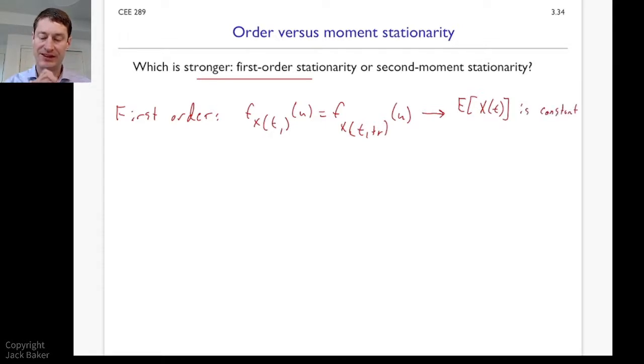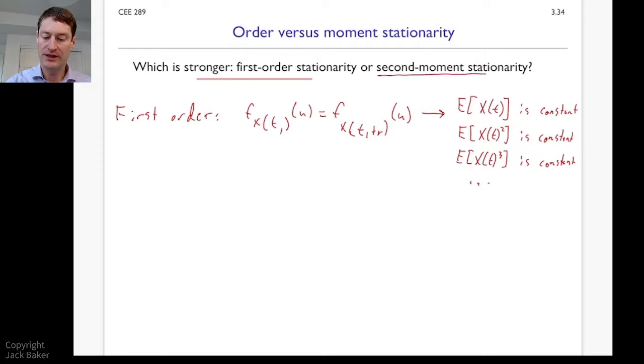Any shifts in time on this expectation of x of t is going to be unchanged because this marginal PDF is unchanged. Similarly, I could look at the expected value of x of t squared, right? That would still be constant because it still just depends on that PDF to the left. Expected value of x of t cubed, that's constant. And so on, right? So I could raise x of t to any power. Those expectations depend only on this marginal PDF to the left, and so they would all be constant.